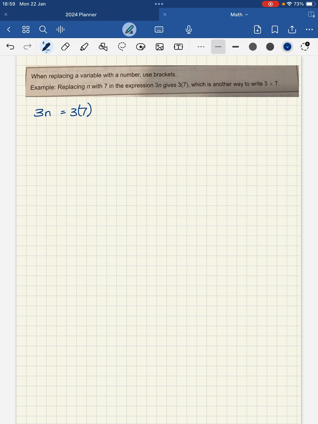So a bracket in algebra means that whatever is in front of it is multiplied. Just like the times symbol means multiply, this also means multiply. 3 times 7. So if I had 4x and I wanted x to represent 3, it would be 4 bracket 3, or 4 times 3, okay, which is 12.